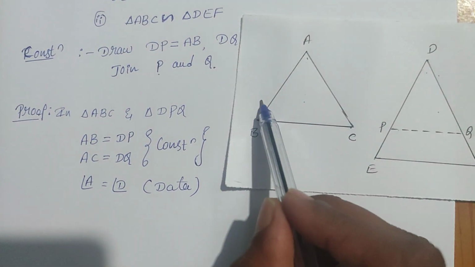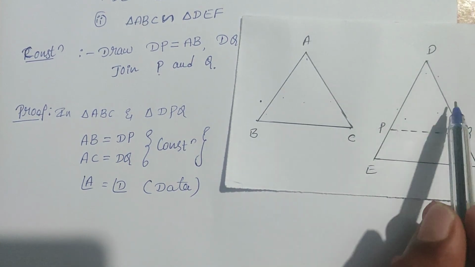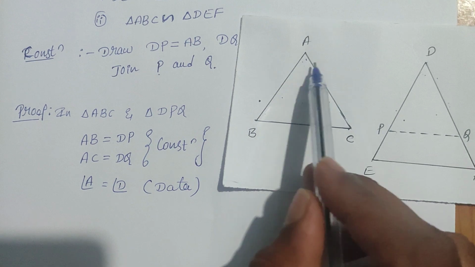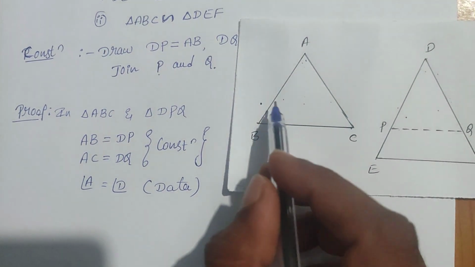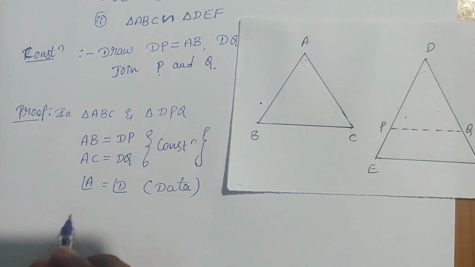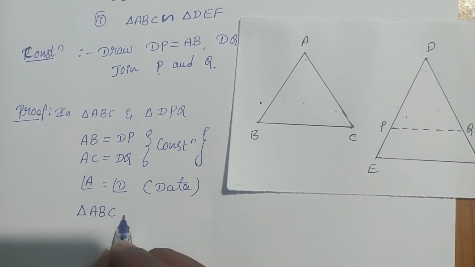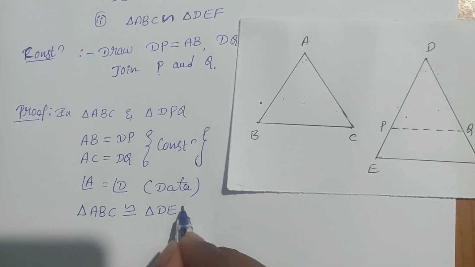That is, these two corresponding sides are equal and these two corresponding sides are equal, and this is the included angle of those two sides. That is, from the SAS criteria I can tell that triangle ABC is congruent to triangle DPQ.